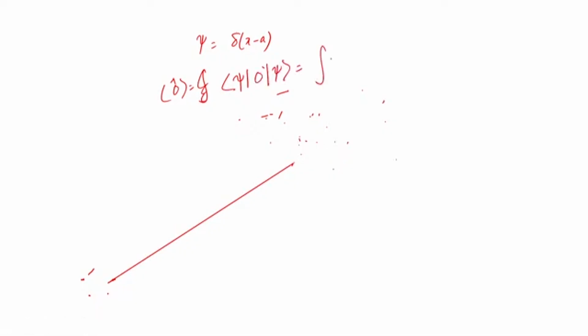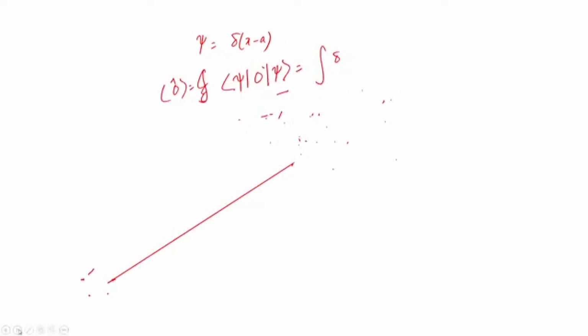So it is the integral of delta x minus a, O, delta x minus a, dx. This is like O of x. So it ultimately gives you O at a, the value of the operator at a.